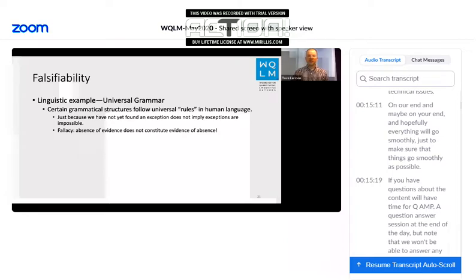However, just because we haven't yet found an exception to a particular proposed rule doesn't necessarily mean that exceptions are impossible. After all, we haven't yet documented in an exhaustive way every single language that exists.